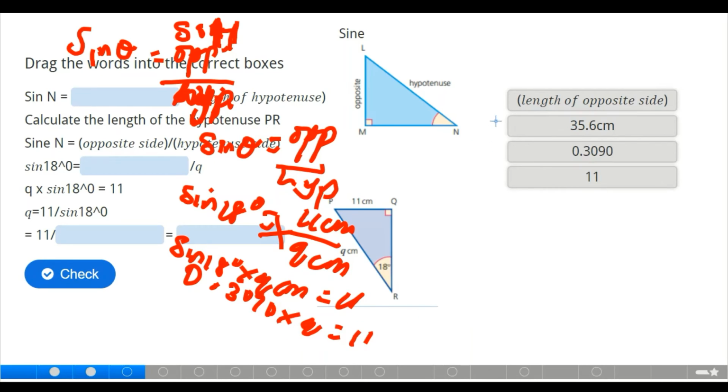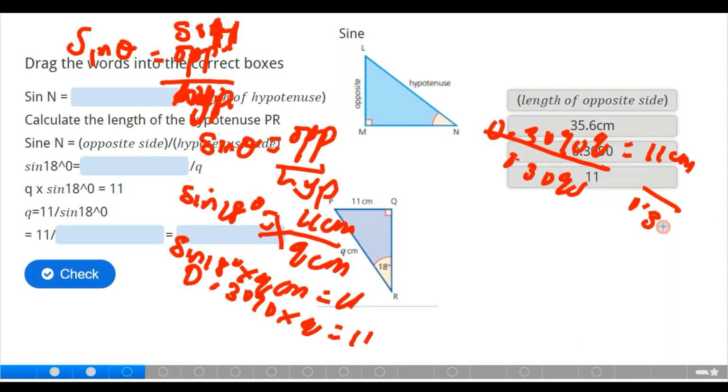So having that, we can now divide both sides by 0.3090, so this can cancel this out. We have our Q centimeter here to be 11 divided by 0.3090.